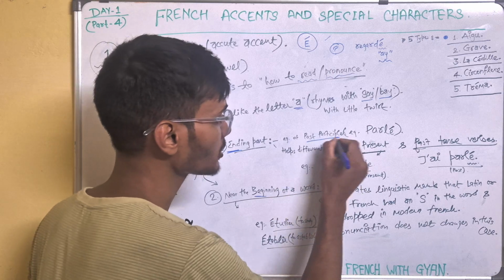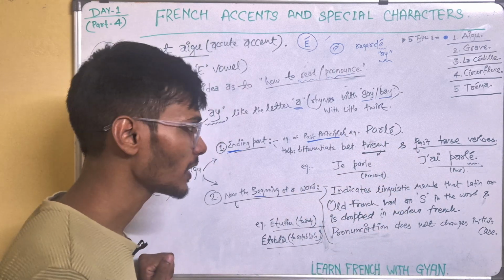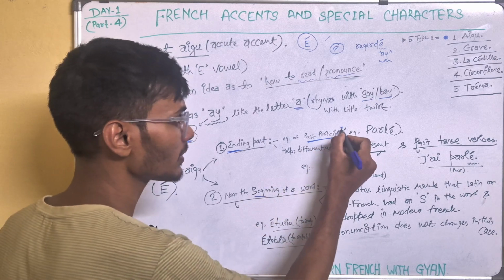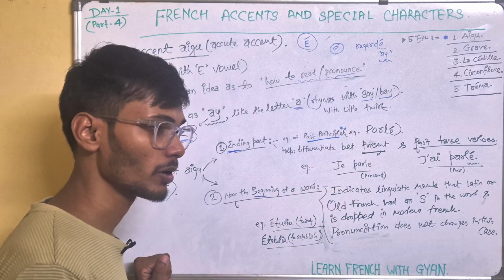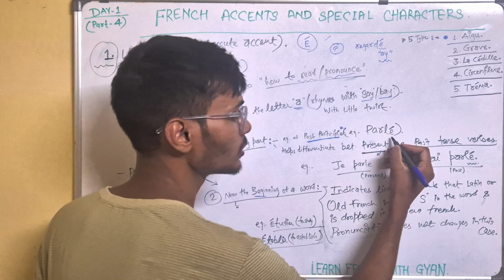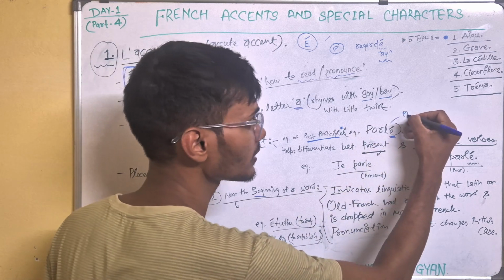Sorry, the past participle. I'm going to teach what the past participle is in further lessons, if you don't know it yet. The past participle is used in compound tenses, like the passé composé, the past tense in French. In that part, we conjugate parler like this, and this becomes the past participle, pp.